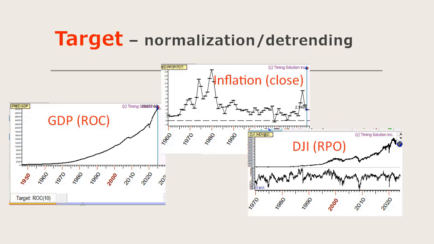Next, this is the target. We cannot apply cyclical analysis directly to datasets like this GDP. GDP grows exponentially, and we cannot apply these datasets directly. We need to normalize it, detrend it, make it flat. For datasets like GDP, usually we apply a rate of change.